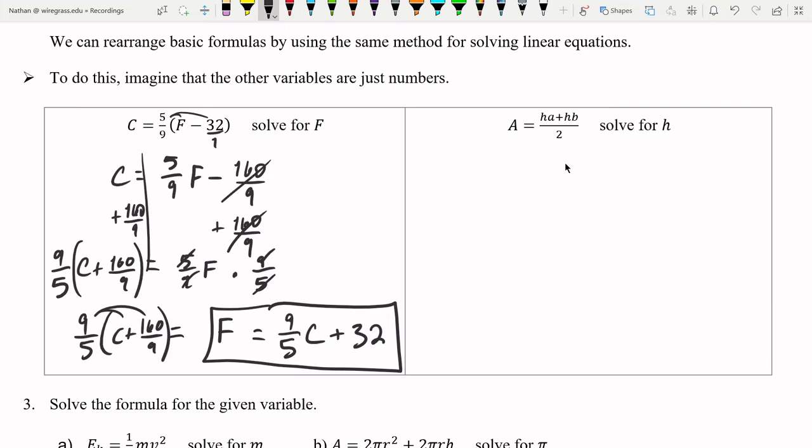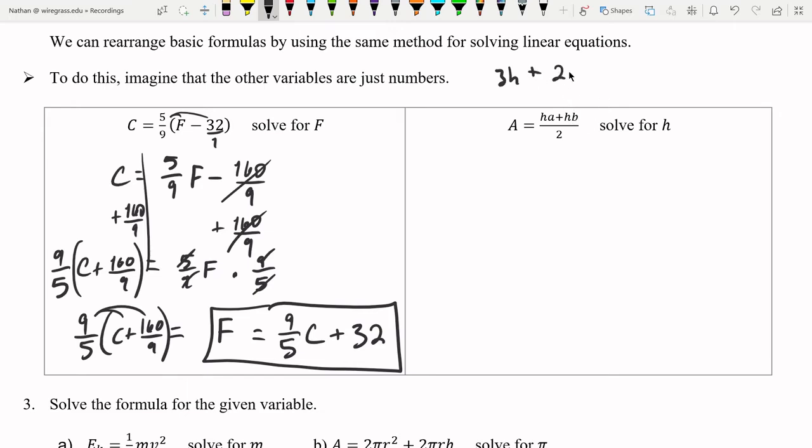And it's quite easy to do this when a and b are numbers, because it's obvious to see what they are. They end up being like terms. When you have variables, it may not be clear what we're doing. All I'm doing is this. I'm just looking at h a. So imagine a is 3 for a moment. And then h times a is just 3h. And h times b, imagine b is 2.